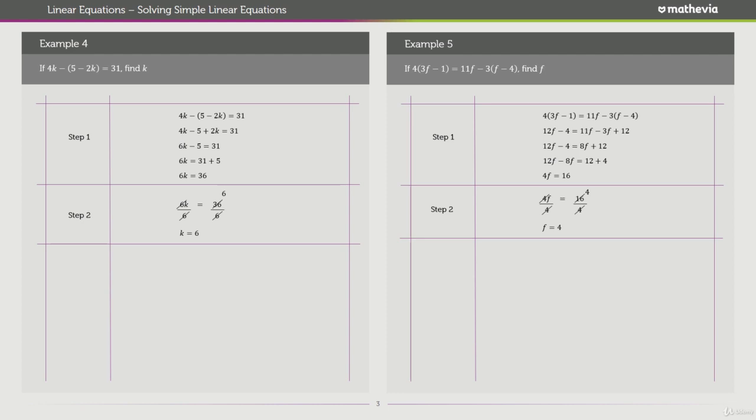They can even come in pretty complex looking forms like we had in example 5, but once you expand and simplify and apply those two basic principles, you should be good with any linear equation you come across.